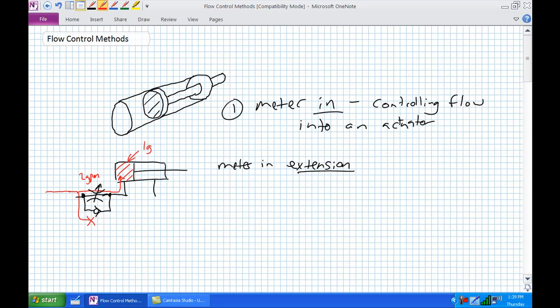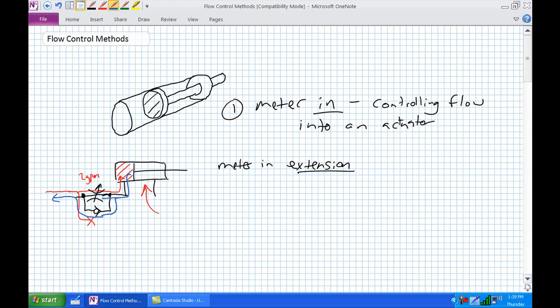Okay, what happens if I want to retract this thing? Well, I would put pressurized flow at the rod end now. Unpressurized flow comes in here. It tries to go through the flow control valve and it tries to go through the check valve, which it's going to push off.